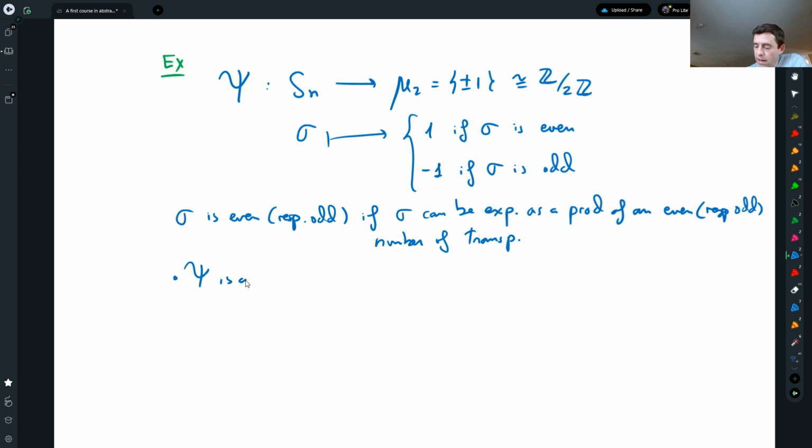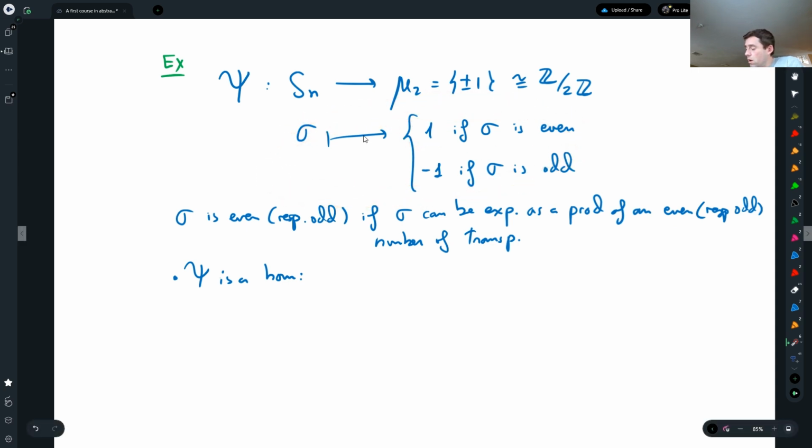Psi is a hom. Let's see why. First of all, it is well defined. Remember that we had a theorem that if a permutation has an expression as a product of an even number of transpositions, any expression respects the same parity. So that tells me that this map is well defined.